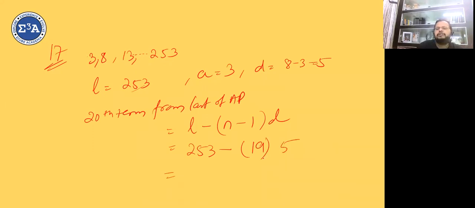So 19 into 5 is how much? 95. 253 minus 95. So 253 minus 95 is 158. 158 is the answer. Okay. So the 20th term from the last of the AP is 158.